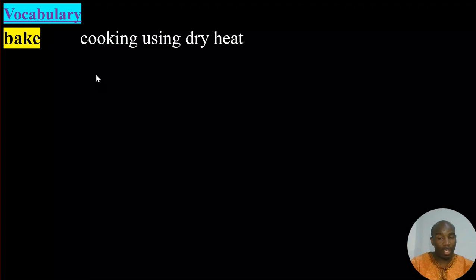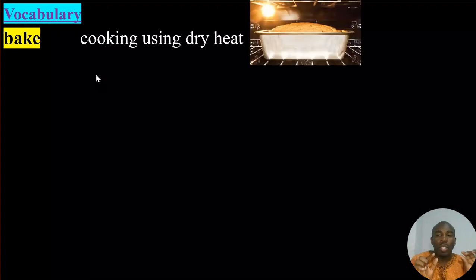Today, because of technology, people are now using the oven. When we bake, we set the oven to a certain degree of heat. Once it is heated up, we put our dough inside and the heat burns it up so that it turns into a color that we want. That is what we call bake.